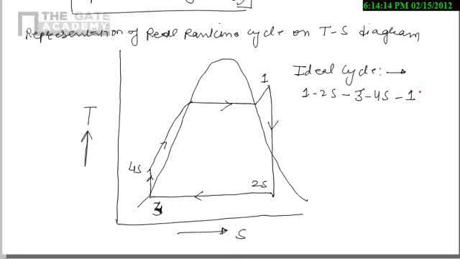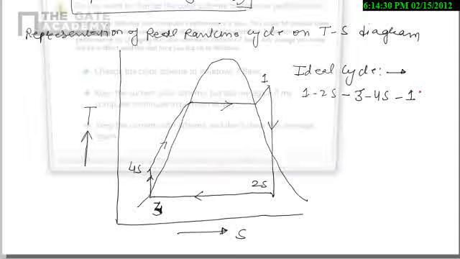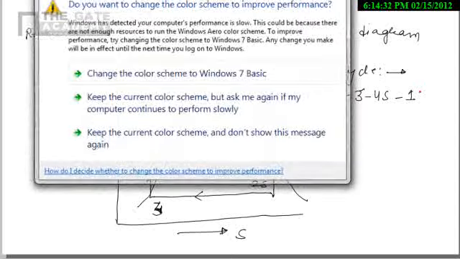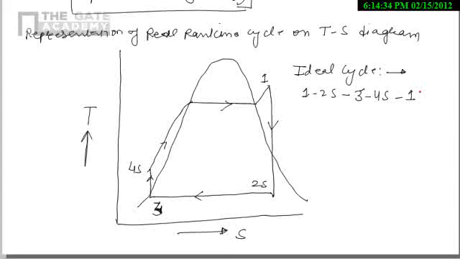If we neglect the piping losses and consider the losses in the turbine and pump, then our representation will be different. I will show how we can accommodate this kind of losses in our actual Rankine cycle.